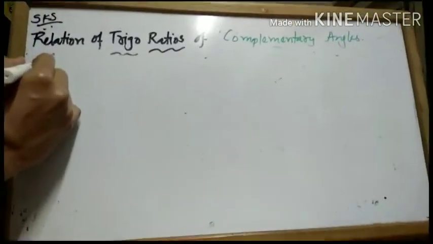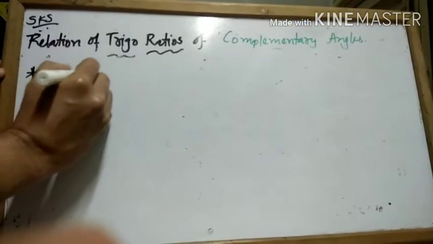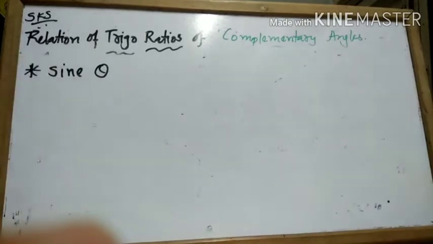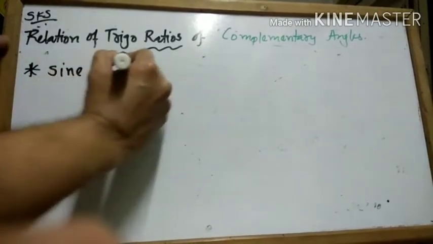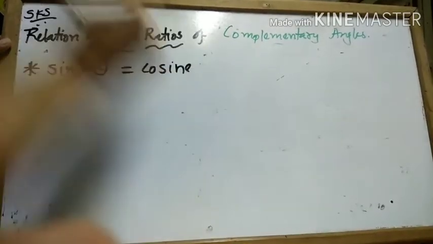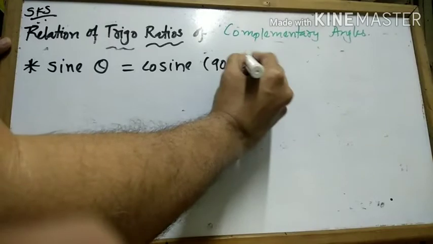Let us understand which 6 relations we understood. I am writing the full form, my dear friends. Sin theta is equal to cosine 90 minus theta.